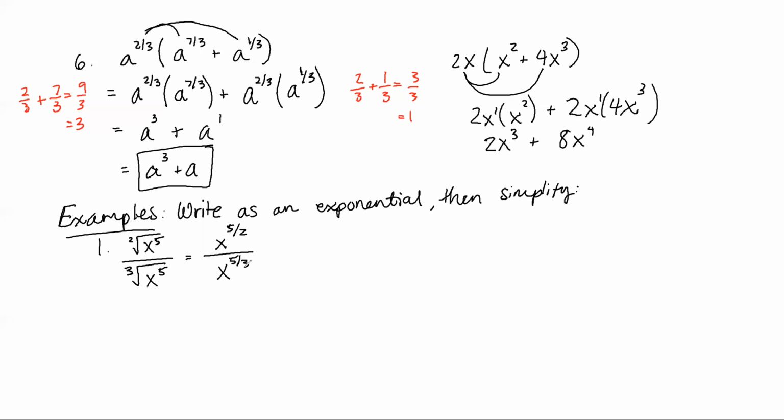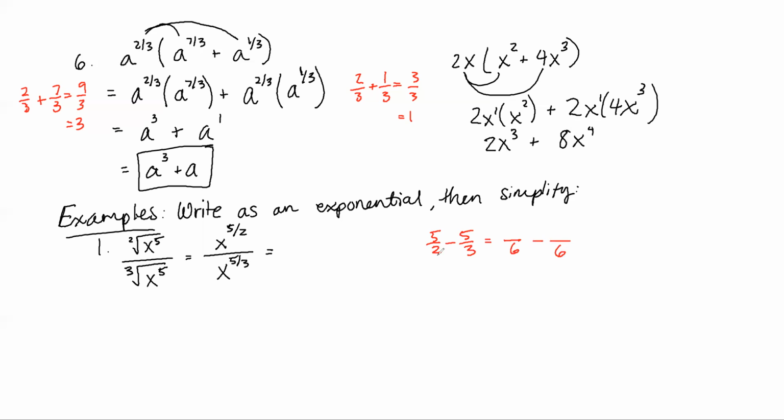Now this looks just like one of the ones we were just looking at. We can use our exponential rules. Since we're dividing, we'll subtract our exponents. So we're going to have 5 over 2 minus 5 over 3. We want a common denominator of 6.